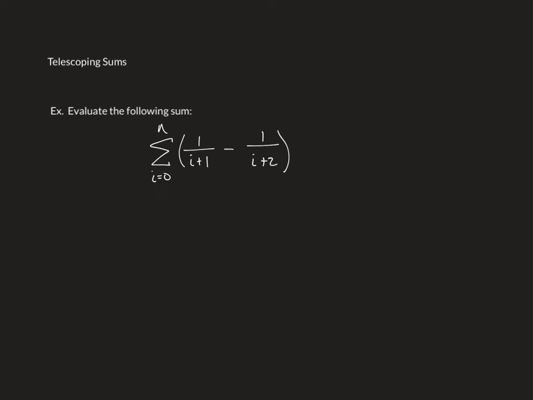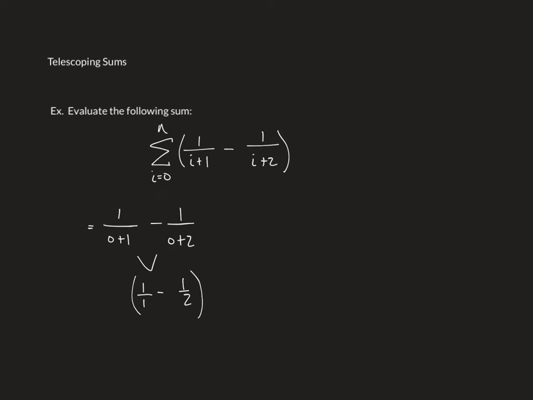So let's just see what happens as we begin this process by actually plugging in numbers. So we're going to start by plugging in a 0. So that's going to be 1 over 0 plus 1 minus 1 over 0 plus 2. And that's going to become 1 over 1 minus 1/2, right? And so I'm going to stop plugging in the 0 and just start writing the terms that we end up with.